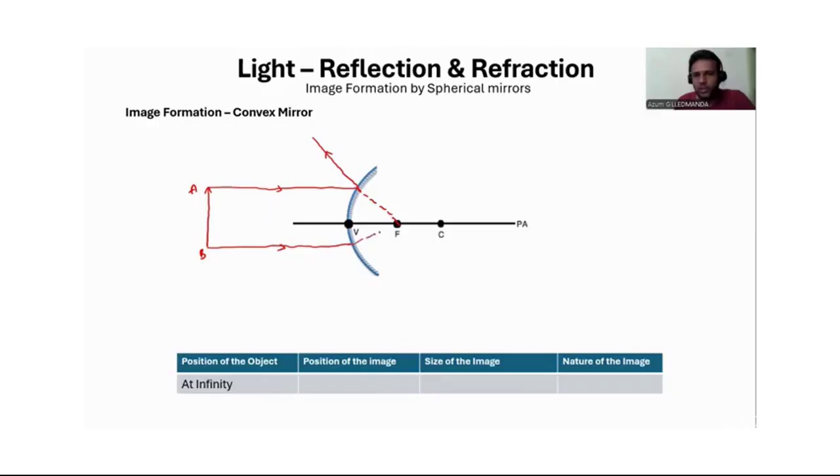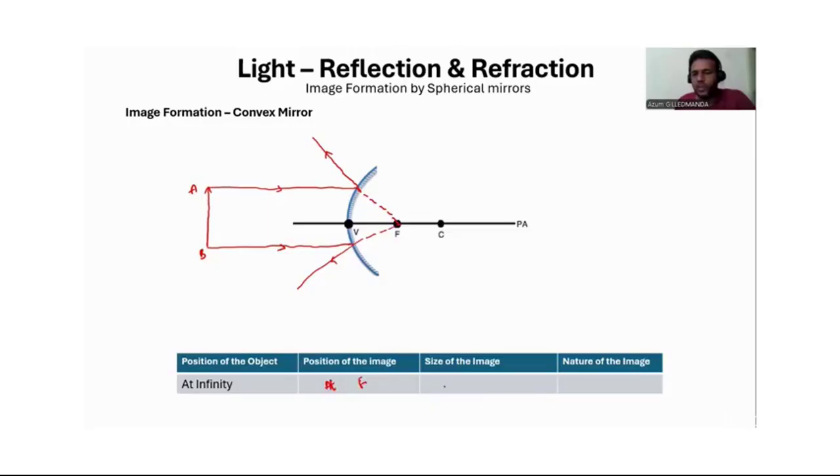This is also the same. It reflects into the same medium, but it appears that it is coming out of the principal focus. So what type of image is forming here? When the object is at infinity, the position of the image is at F.